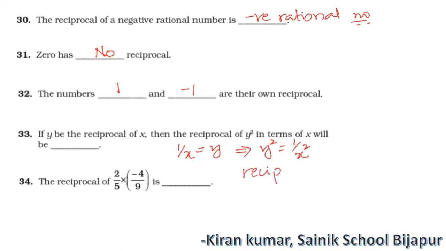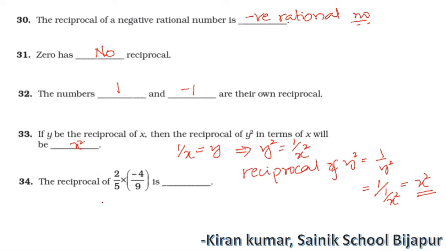The reciprocal of y square means 1 by y square. Now if I substitute 1 by x square in the place of y square, I'll get x square, because this denominator should be multiplied by the reciprocal, it becomes x square.